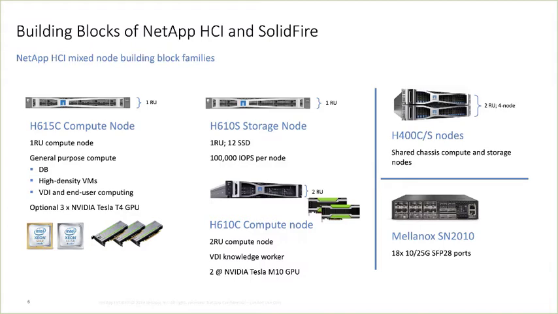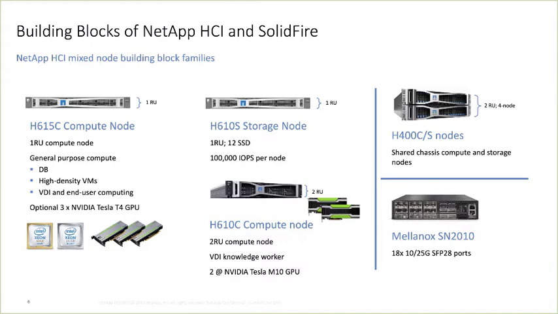And with this building block, you have the options of different cores, different memory options, and you pick and choose and configure based on what your workload or use case is. So no matter what, it's flexible within the unit itself.